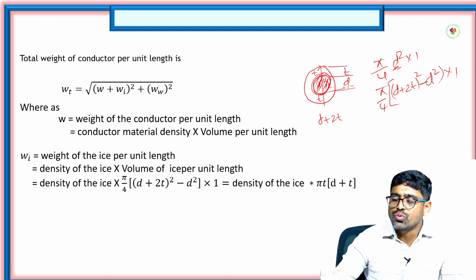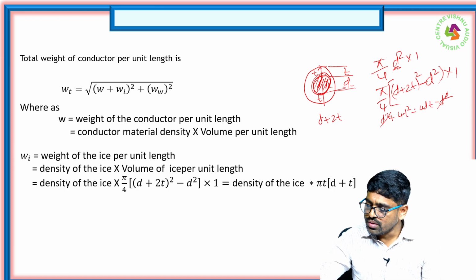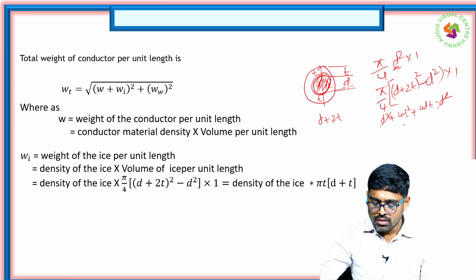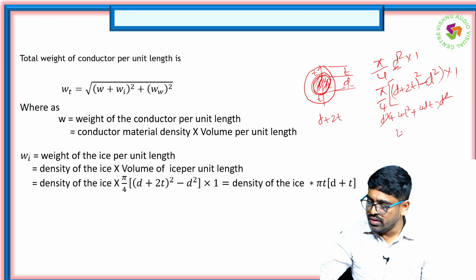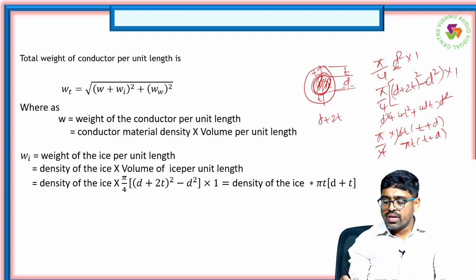If you expand (d plus 2t), it is d square plus 4t square plus 4dt minus d square. So d square gets cancelled. If you take 4t common, it is t plus d into pi by 4. So 4 cancels, then it is pi into t into (d plus t). That is the relation we are getting here.